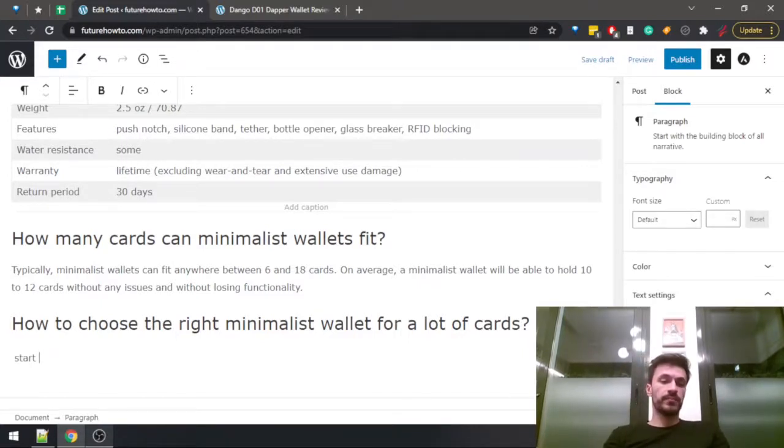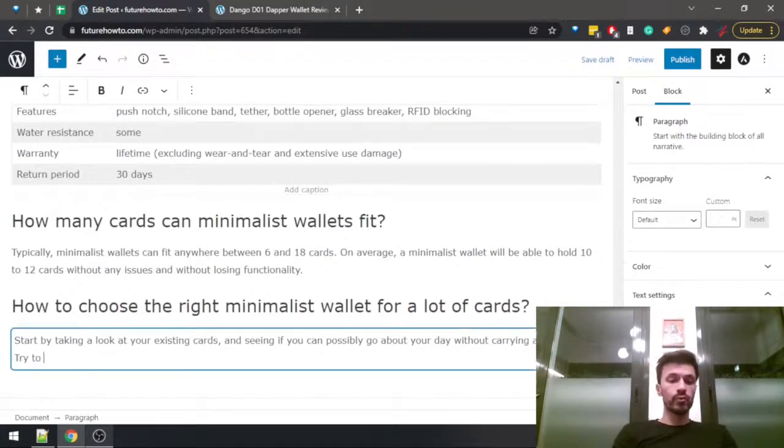Start by taking a look at your existing cards and seeing if you can possibly go about your day without carrying all of them.